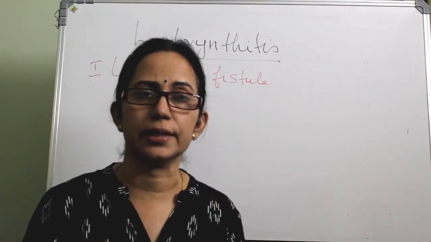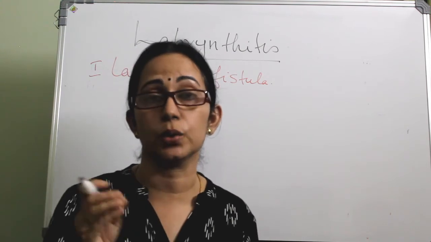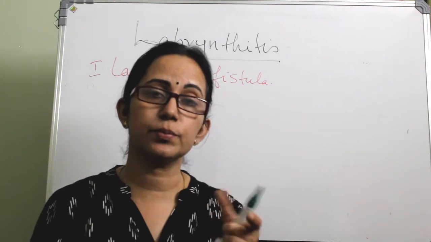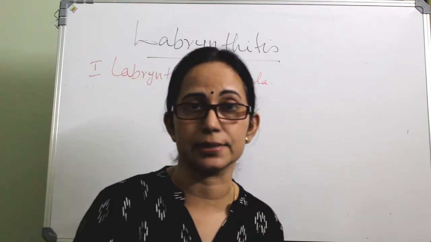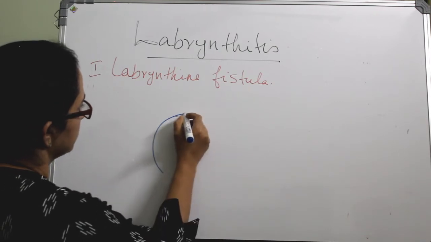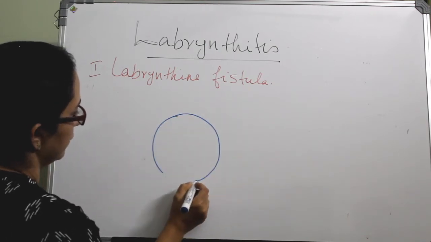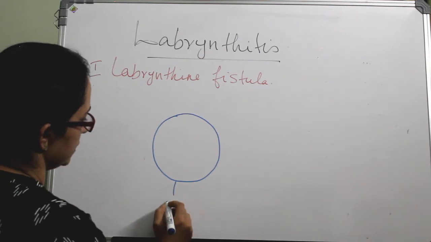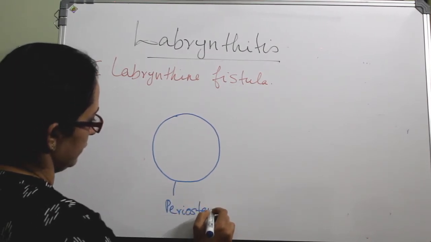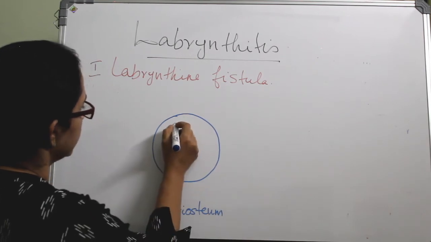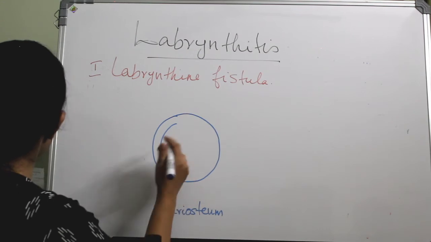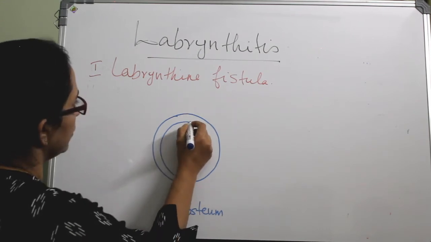You should understand that there is the bony labyrinth and also inside the bony labyrinth there is a membranous labyrinth, and this bony labyrinth has 3 layers. The outer layer is the periosteum. Inner to that there is another layer of endochondral bone.